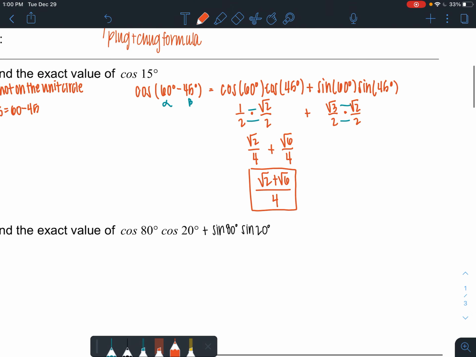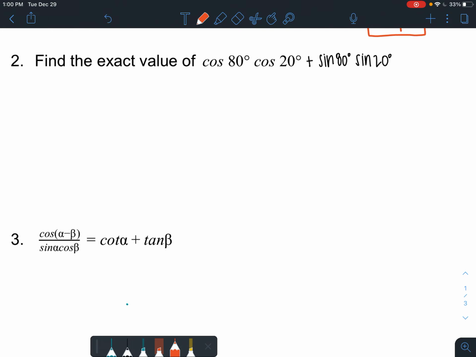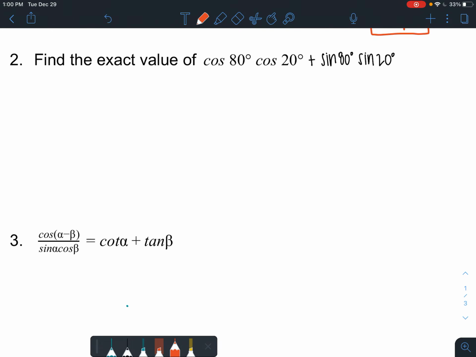Now sometimes we'll be given problems where we have to work the other direction. So remember, we can go from both sides of the equal sign. So here I have cosine of 80, cosine of 20, plus sine 80, sine 20. Now you'll have to add this in because it wasn't in your notes initially. That was a typo. So I have a plus sign here, which means I'm going to do cosine of alpha minus beta.